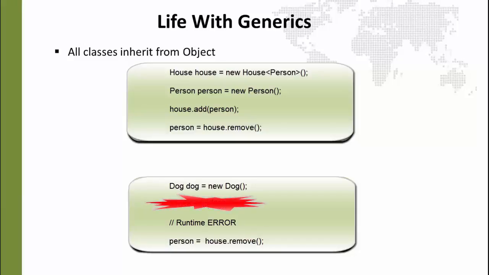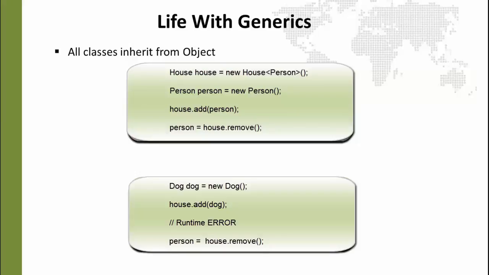We can't do a house.add dog, that will give us a compile error, and if we try to do a house.remove and assign a dog to a person, we would get a compiler error again. We wouldn't be able to do that, or we wouldn't have been able to put the dog in the first place. The house.add is going to stop us from doing that.